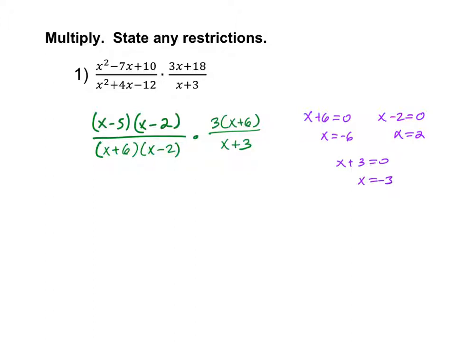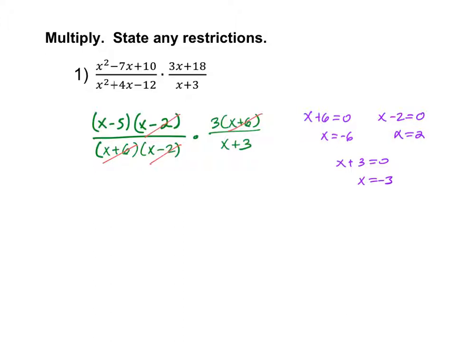So now I can cancel and simplify anything that I can simplify. I can either simplify on the same fraction or I can cross simplify, right? I can never simplify on the same space, right? I cannot simplify on top and on the bottom. So in this case, I can cancel out this x plus 6, and I can cancel out this x minus 2.